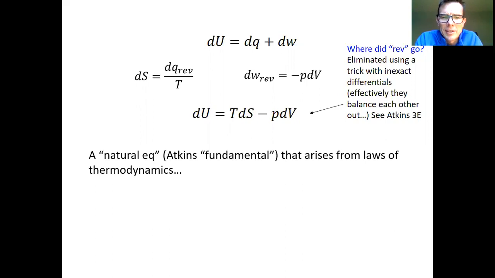I was taught that it was called a natural equation. Atkins calls it a fundamental equation. And it's important because it arises from the laws of thermodynamics. Right? I started here, dq plus dw. I did some substitutions, and I end up here.